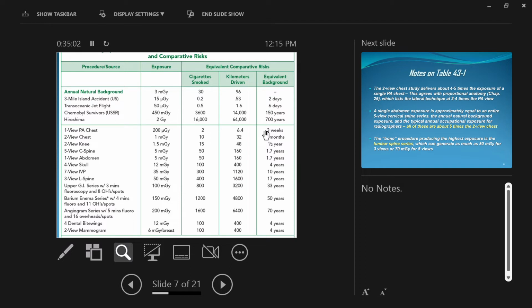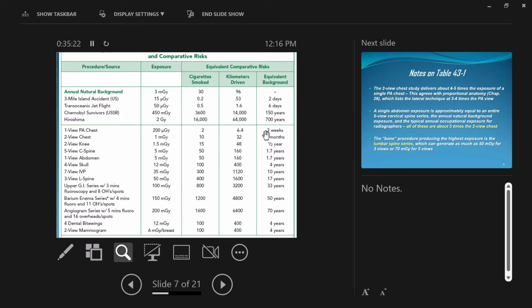Let's look at some of the higher level exams. It's not high on here, but one of the higher level ones that you'll do: 5-view C-spine, 5 milligray. That is about 1/10 of the yearly allowance for an x-ray tech.